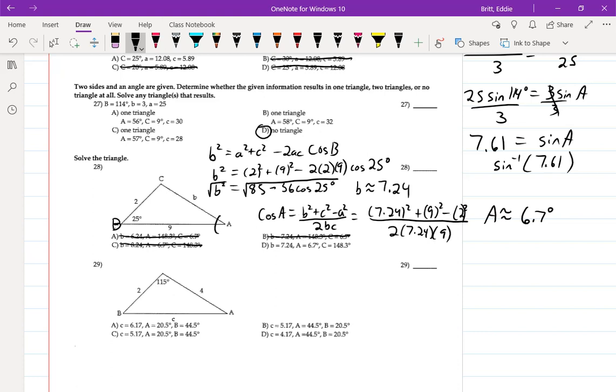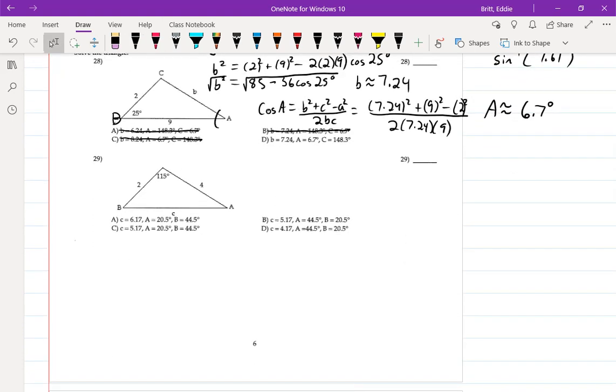All right. So number 29 looks like another law of cosines problem, because you don't have a corresponding side and angle.